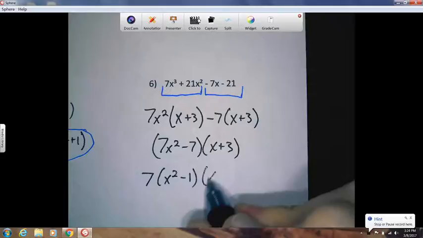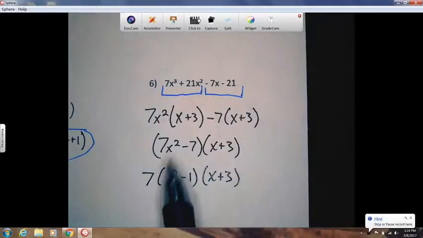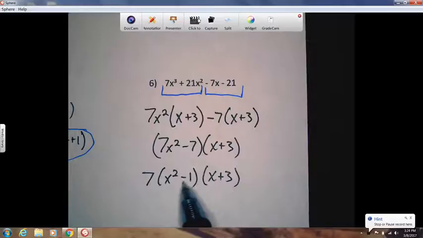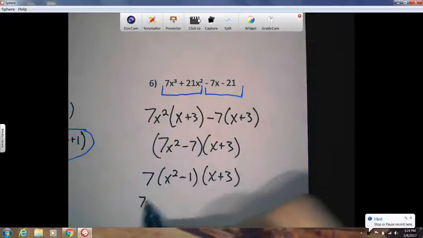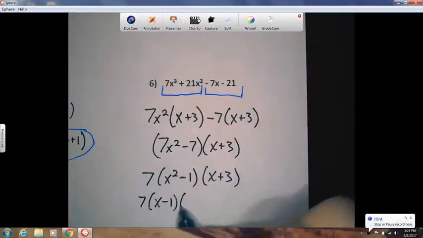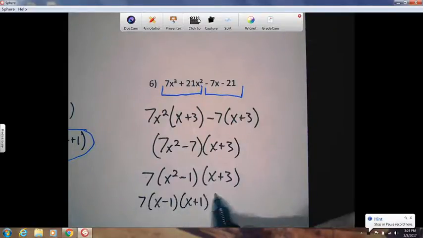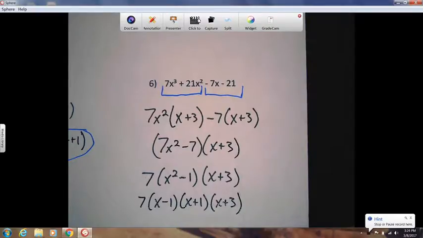Now when I look at this, it is a difference of squares. These are perfect squares and it's a difference. So 7, x minus 1, x plus 1, x plus 3. Again, that's a complicated example and one of the more difficult ones, but you can do it. Just make sure you check if it's a difference of squares, double check your answers. So I get here, I think, whoa, I'm not done because both of these are divisible by 7.